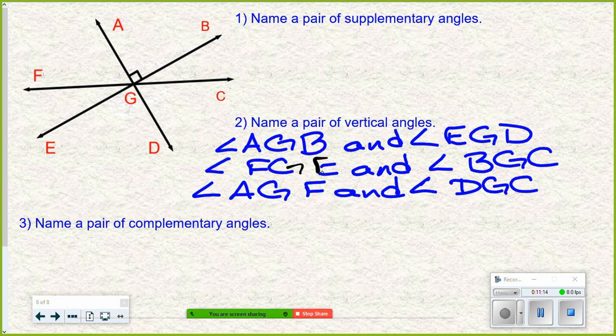These are the main ones, but you need to recognize that there are other angles besides just these small ones that you see. There are other angles in there. All right, so complementary angles, that's two angles that add up to 90. So you're looking for a right angle that's been split into two.